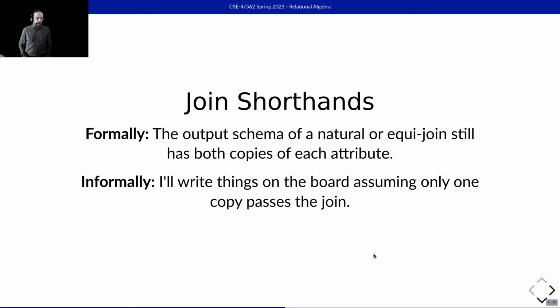Like Cartesian product, every single copy of every single attribute appears in the output as well. However, to save board space and to keep our sanity when discussing things at a high level, I will often collapse the attribute. So if I do a natural join, I might just write the output without creating copies of attributes.